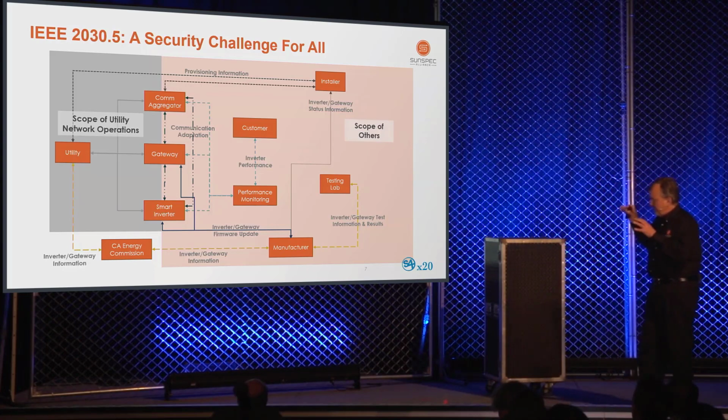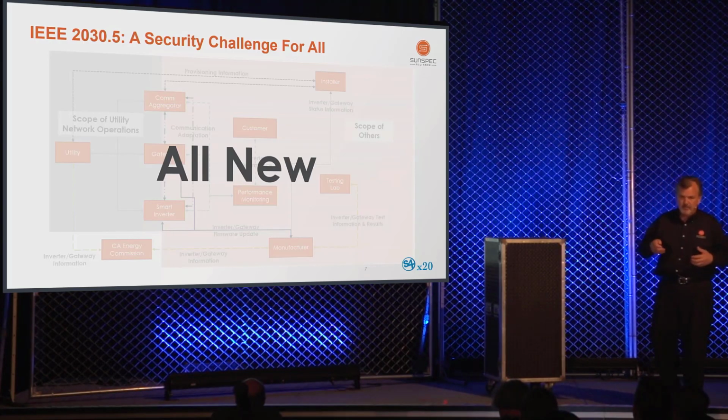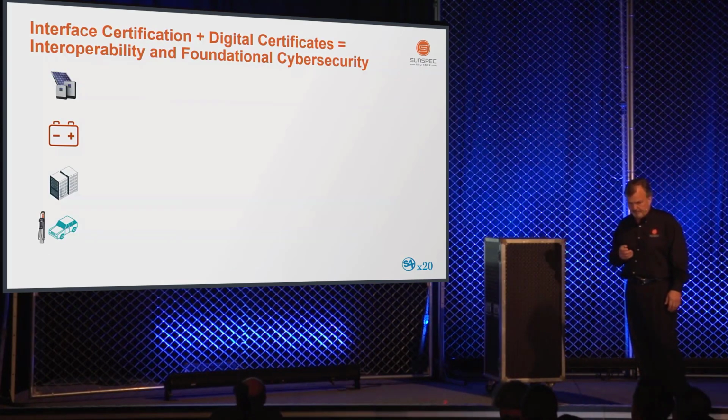And so this is the future that is present in small scale here and is going to be pervasive very soon. And it's basically all new for everybody. So the whole industry is spending a lot of time looking at all these different issues and making sure that what we're doing is going to keep our industry, and I represent the DER industry, going and keep the lights on at the same time.